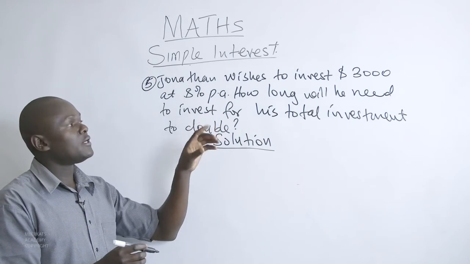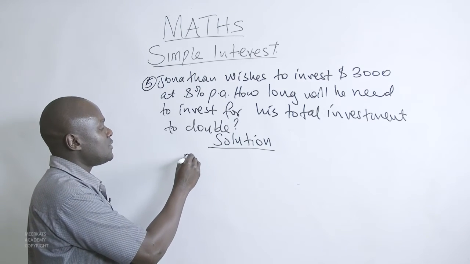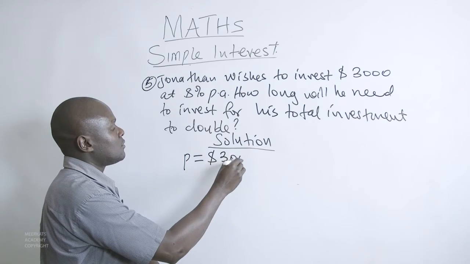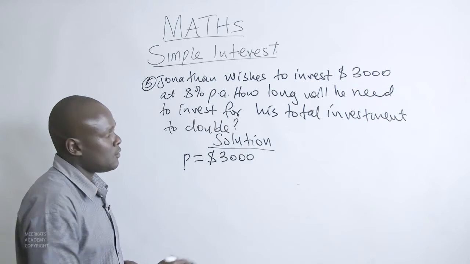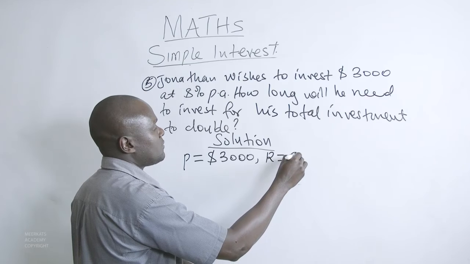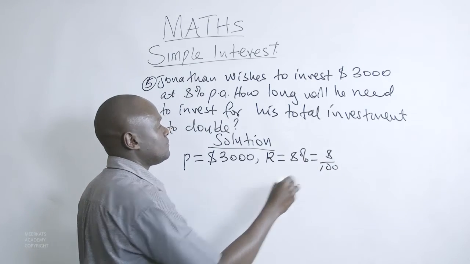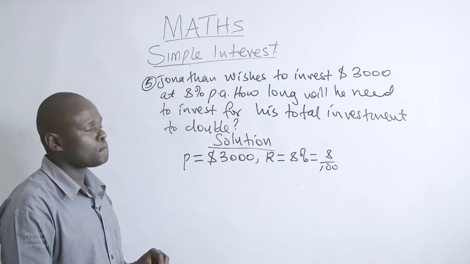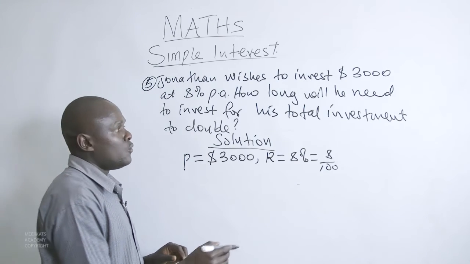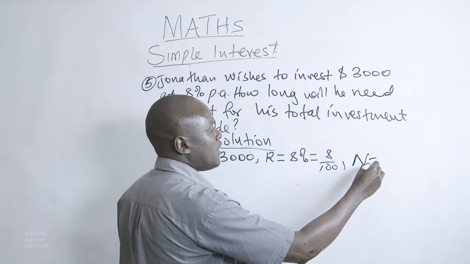So let us look at what we've been provided with. We have the principal, which is $3,000. We have been provided with the rate, which is 8%. This is 8 out of 100. We have not been provided with the period.